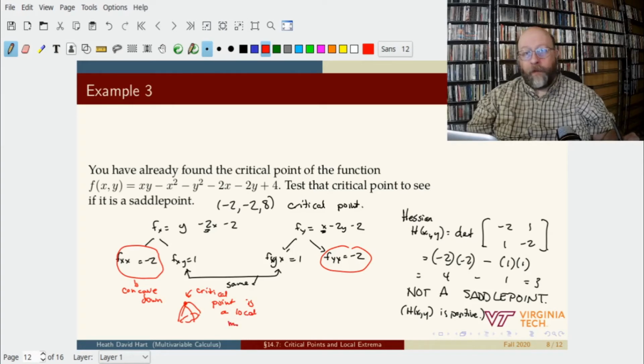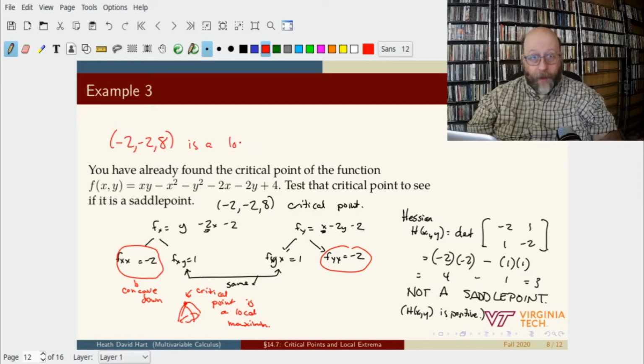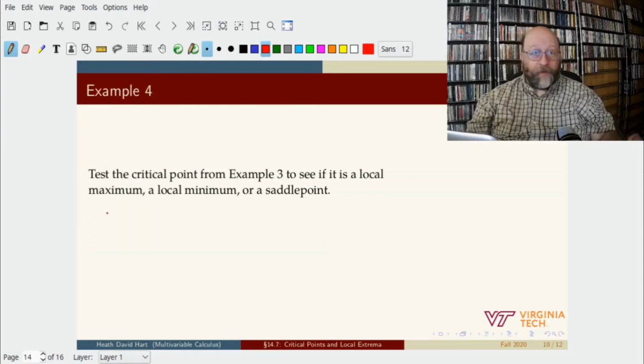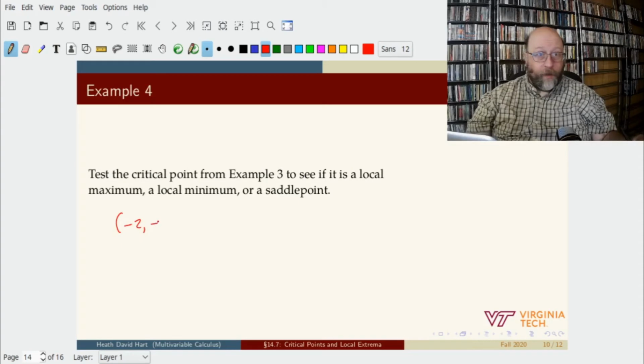We say it's a local maximum. And so that's what we have here. -2, -8 is a local maximum. Okay? So that finishes off example 4.